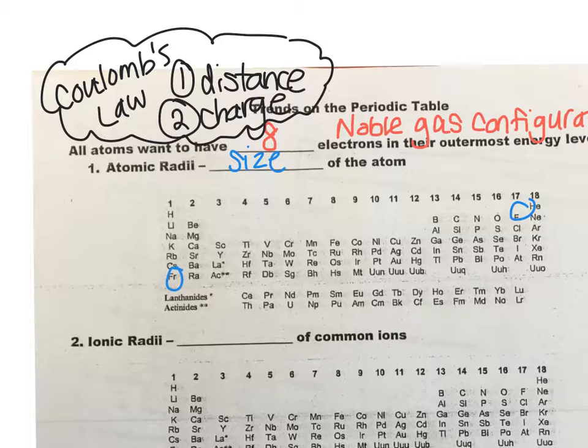Francium. Why francium? What does it have? Why does it have a larger atomic radius? She just said it's down. So what does that mean we're adding? More layers. Good. All right.